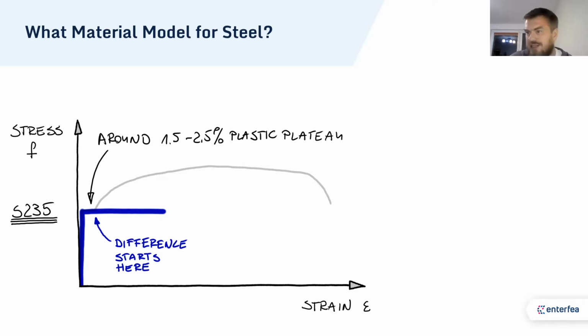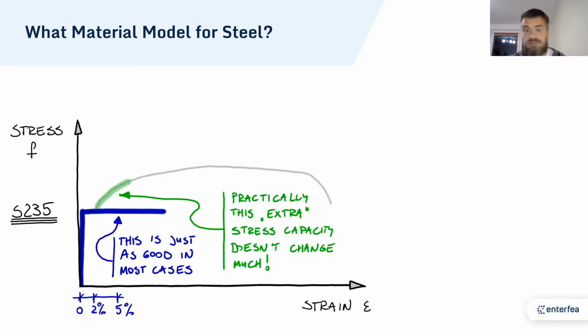So after the strengthening started, your bilinear model starts to be not very accurate, right? But practically speaking, this extra stress I marked in green here wouldn't really contribute much to the capacity of the model. And that's something that's really good to remember.